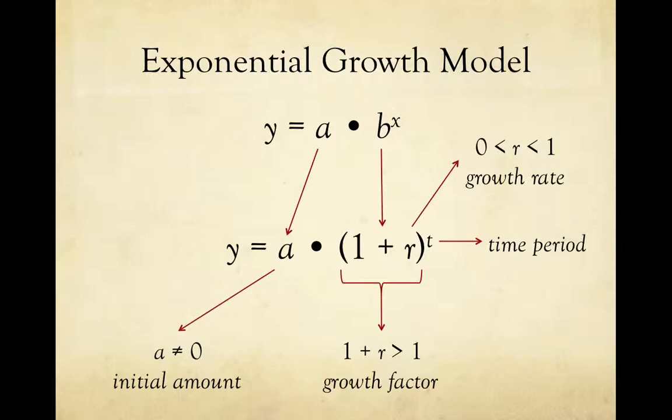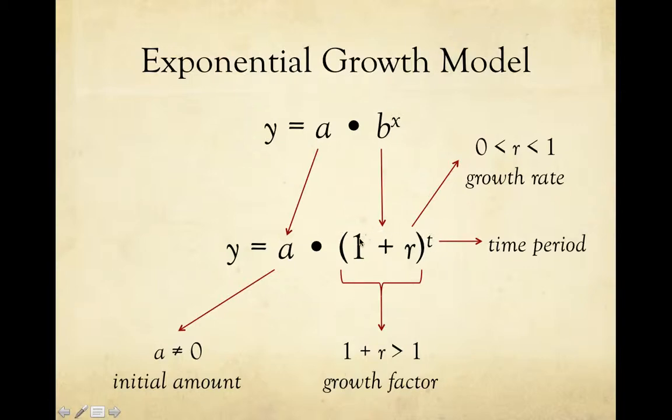When that happens, we need to use this form of the exponential model because we're being given a rate. So that percent that we're being given, we have to change to a decimal so that it will end up being between 0 and 1. And then we put that decimal in place for r.